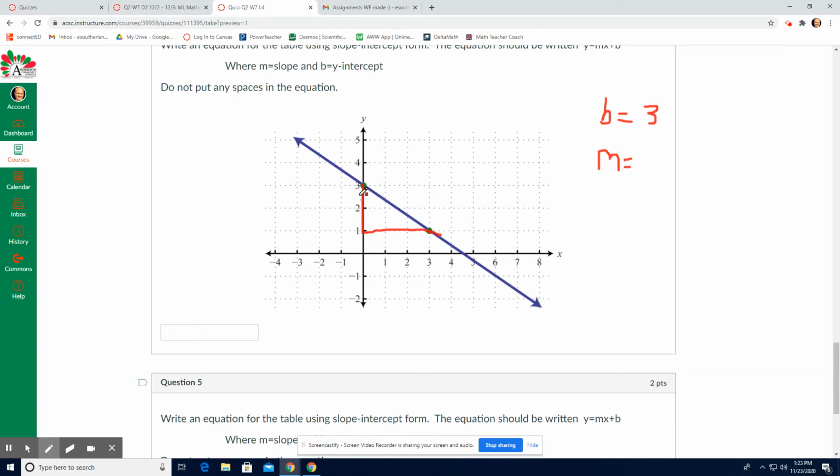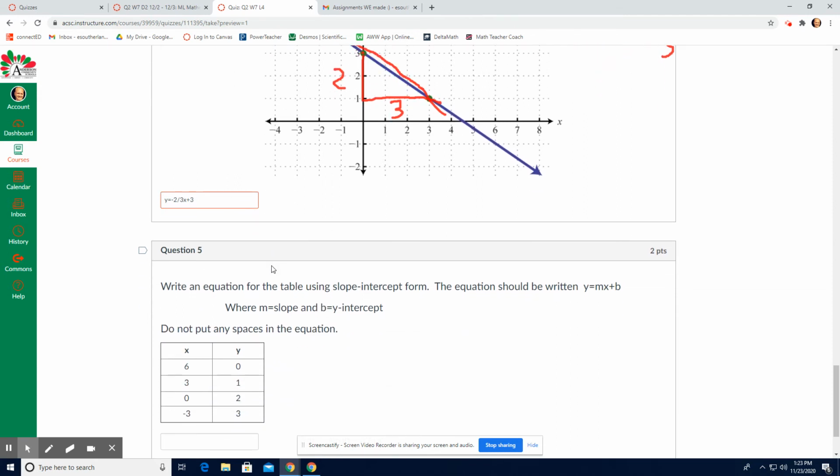It goes up 1, 2, so it rises 2. And it runs 1, 2, 3. So 2 over 3 is our slope. But be careful, because left to right it's going down, which means that this is a negative slope. So we're going to enter y equals negative 2 over 3x. And then since the b is a positive 3, we're going to put plus 3.